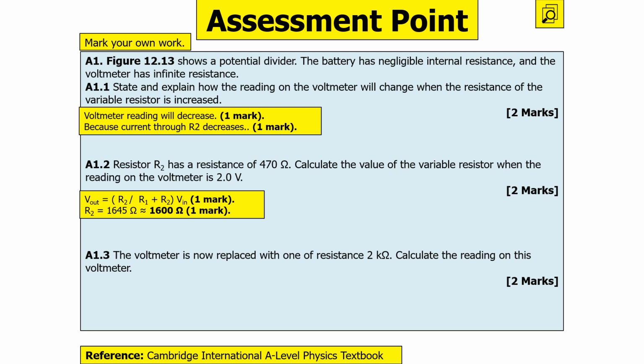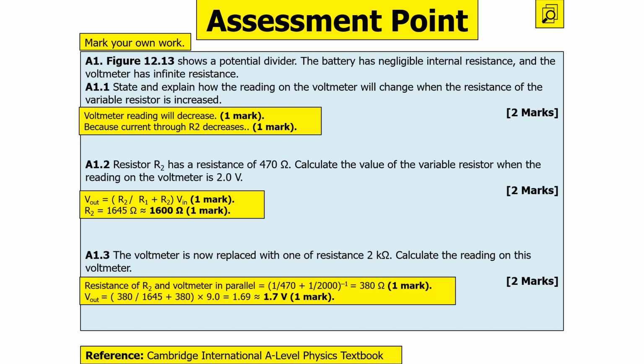Now this next one, the voltmeter has now got a resistance. It's now 2000 ohms, and it's in parallel with another component. So we're going to have to use the parallel resistor equation to work out the total resistance of the resistor and the voltmeter. So it's 1 over 470 plus 1 over 2000, then 1 over that value, so you get 380 ohms.